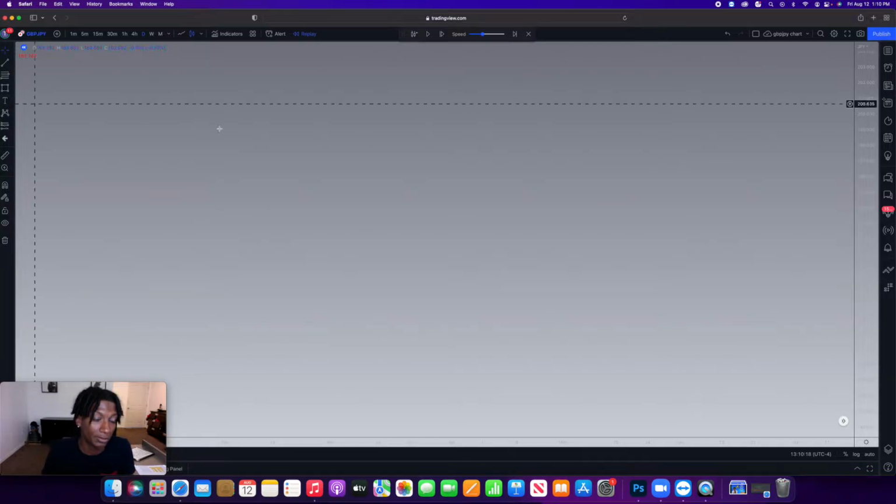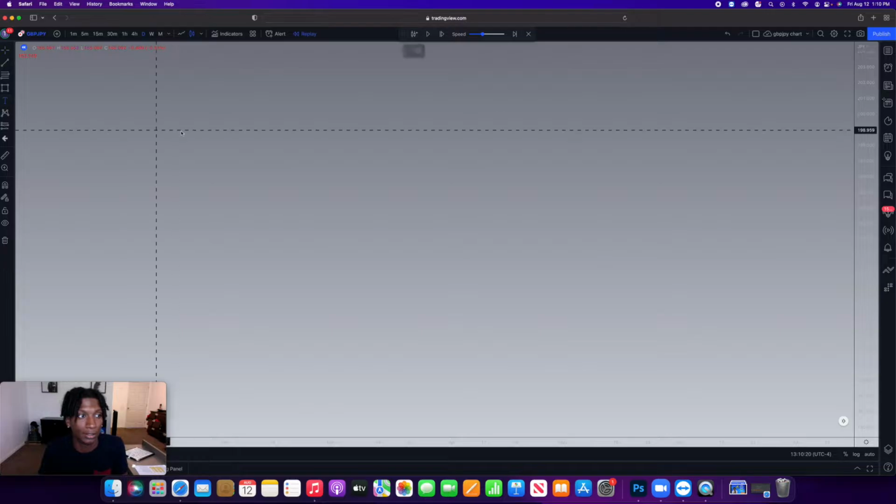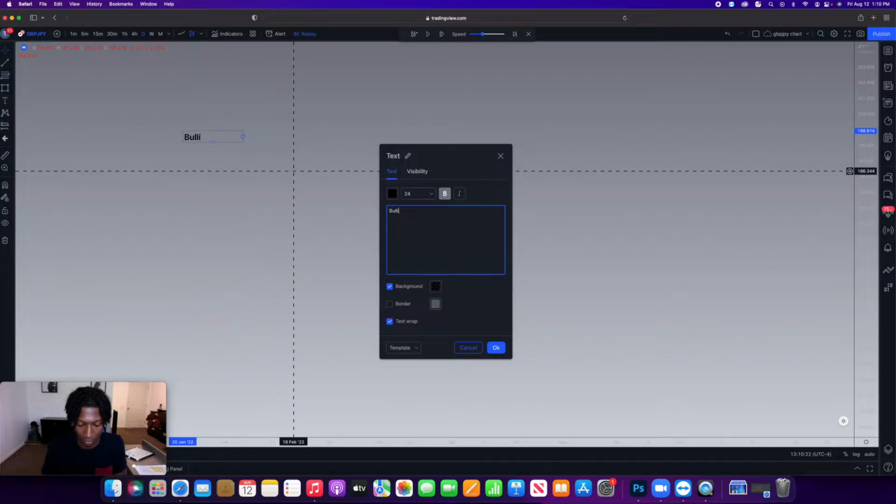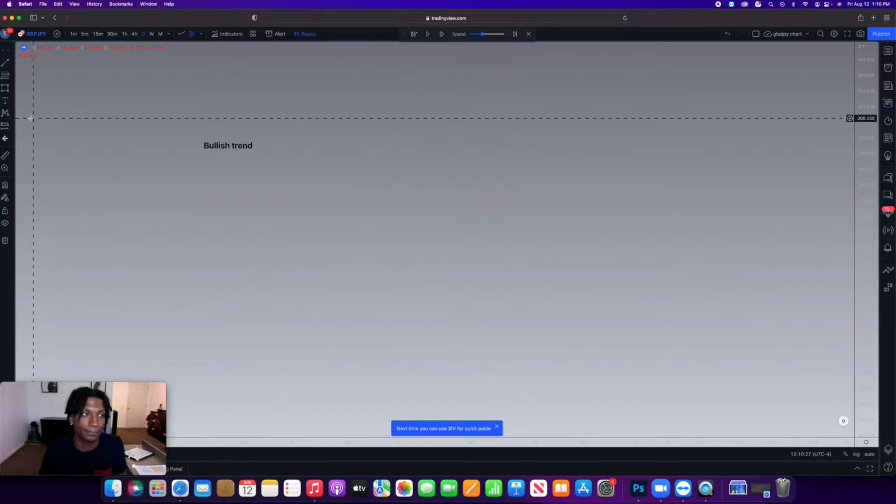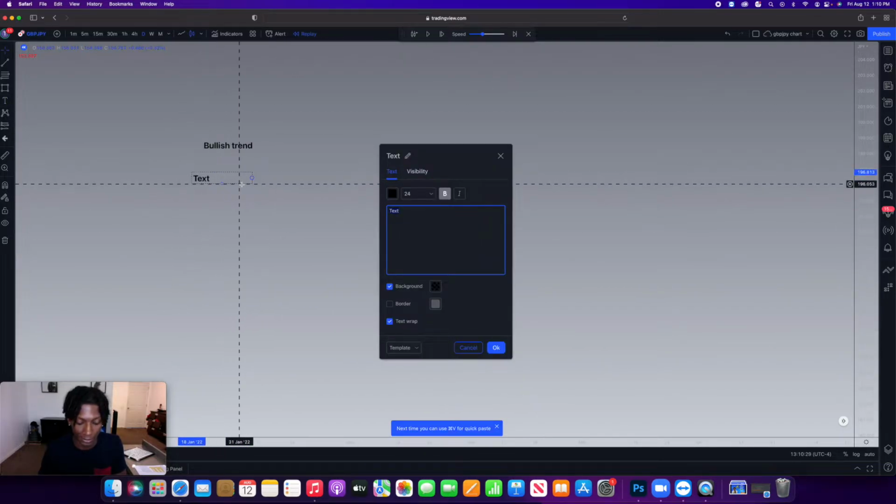So to start, we have a bullish trend, or a bullish market, and this is just simply when price is making higher highs and higher lows.